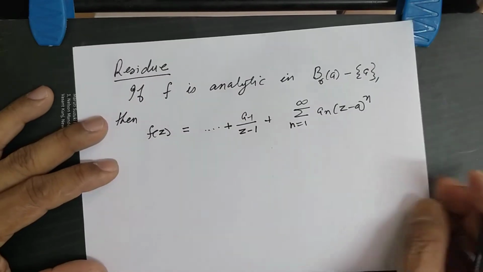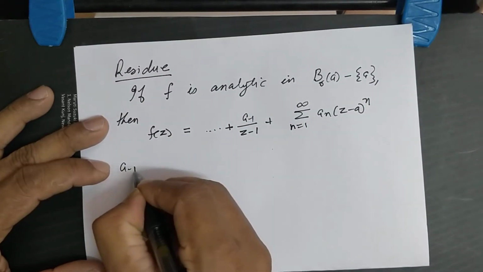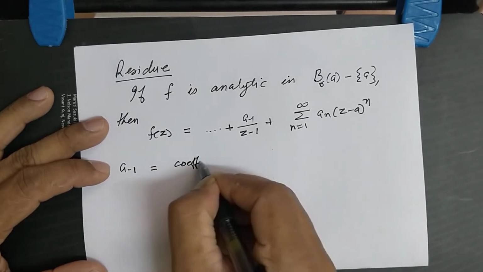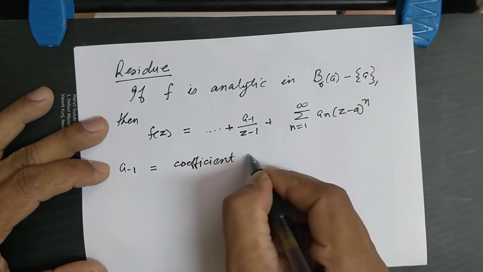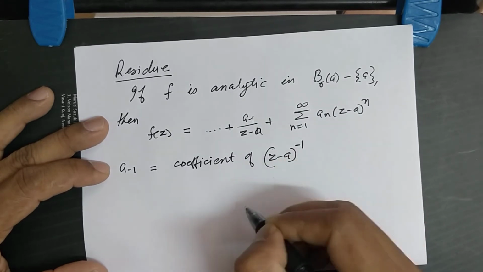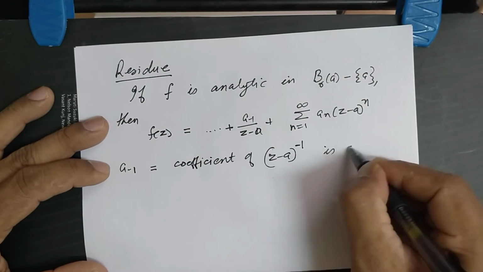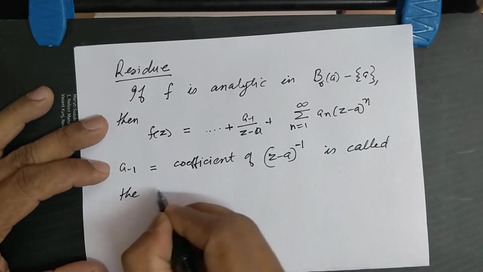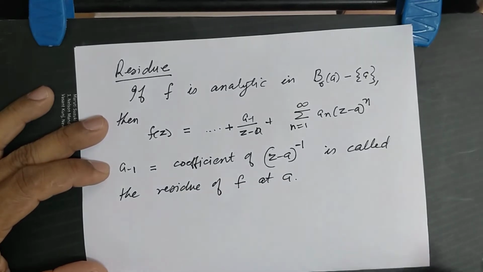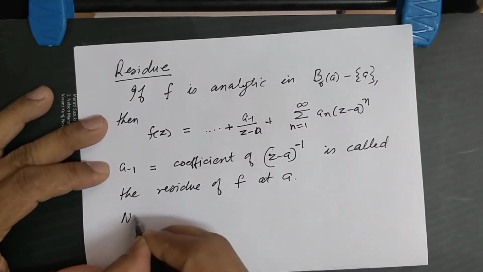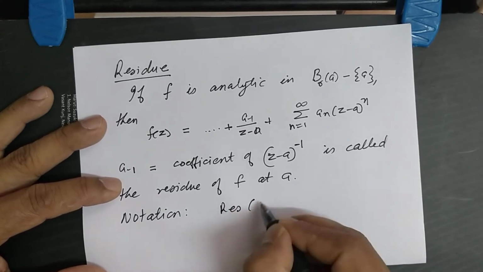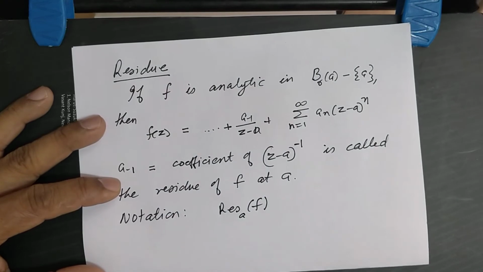Okay, a minus 1, which is the coefficient of z minus a raised to minus 1, is called the residue of f at a, and the notation that we will use will be residue of the function f at the pole a.